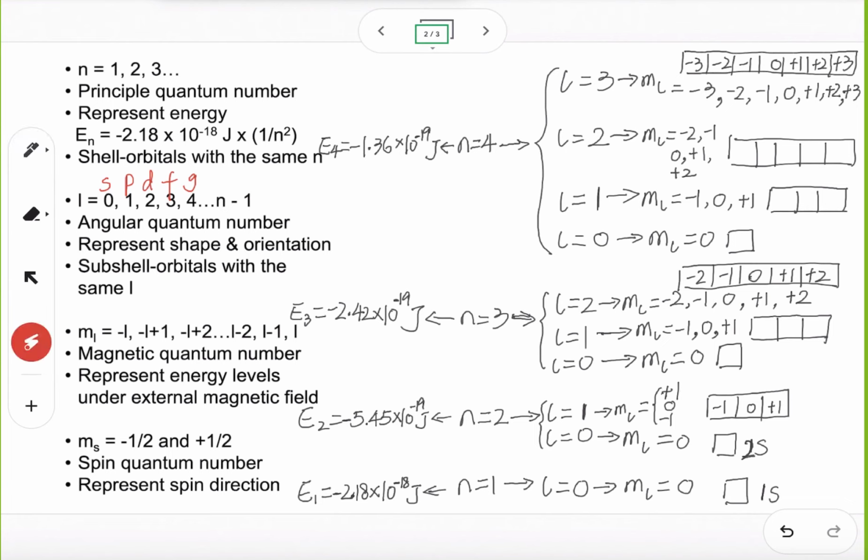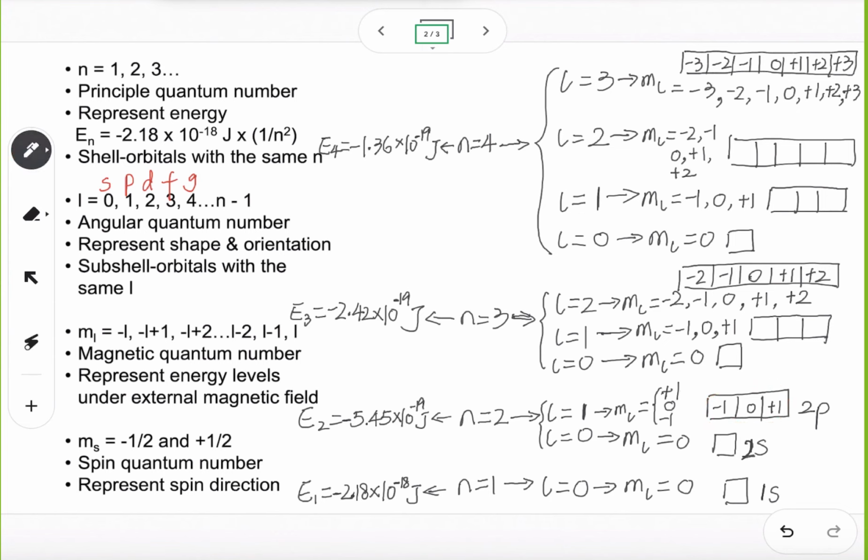Now for those 3 orbitals, N equals 2, and for all three of them, L equals 1. Therefore the letter would be P. So it's going to be 2p orbitals for these 3 boxes.